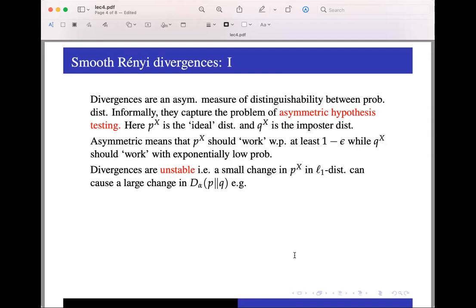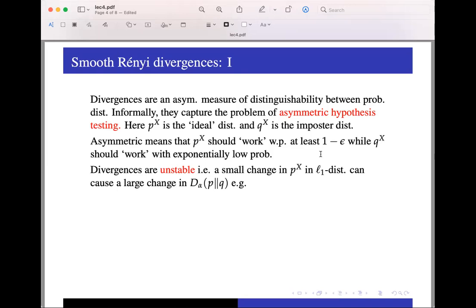Asymmetric here means that Px should work for our purposes with probability at least 1 minus epsilon. So it should work with probability close to 1. Think of epsilon as a small constant, so it should work, let us say, with probability 0.9. Whereas the impostor distribution Qx should work with exponentially low probability. So the threshold for P and the threshold for Q are very different.